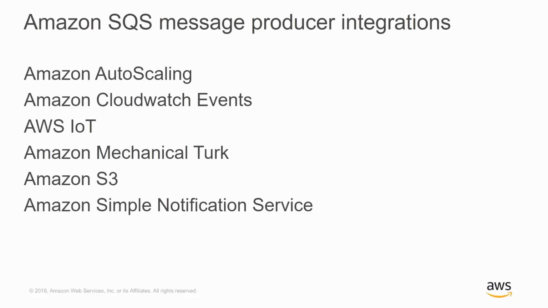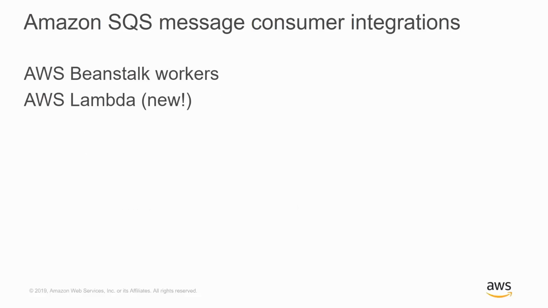Now, when it comes to consuming messages from Amazon SQS, the list is actually way shorter. Since Elastic Beanstalk was launched, there's a specific type of Beanstalk node called a worker node, which can come provisioned with an SQS queue.